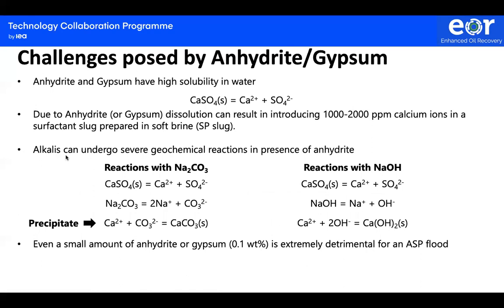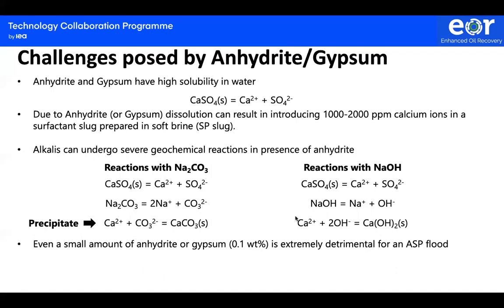And in presence of alkali, you can expect that these calcium ions interact with it. For example, in case of sodium carbonate, it reacts with carbonate ions and precipitates calcium carbonate. And this reaction continues until either the alkali is finished or the anhydrite is finished. Similarly, if you have sodium hydroxide, then you form calcium hydroxide.